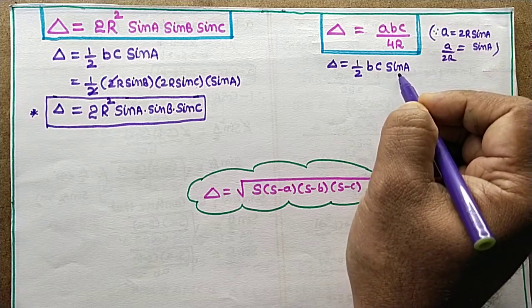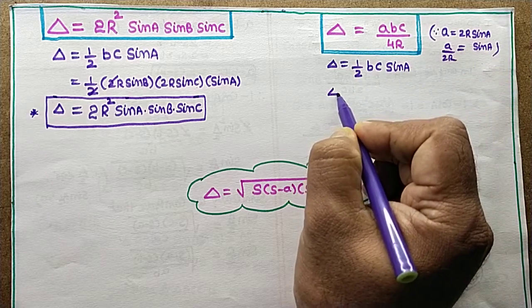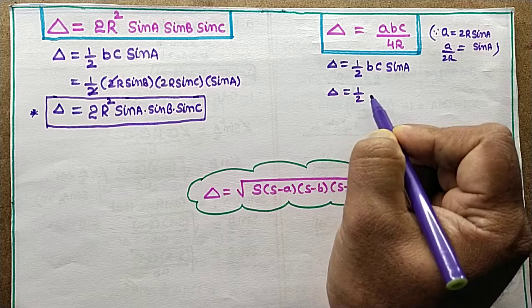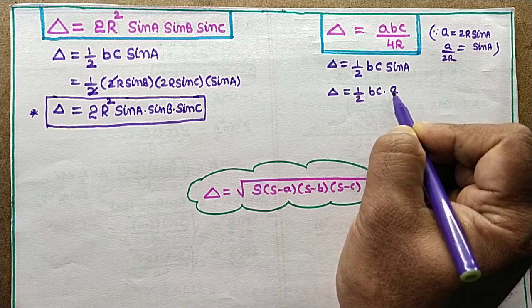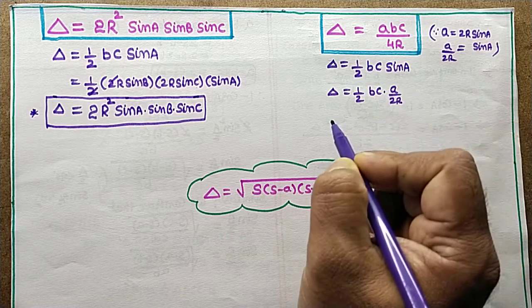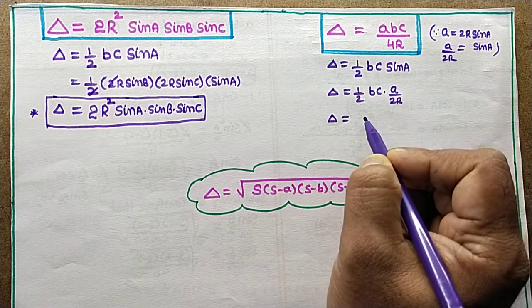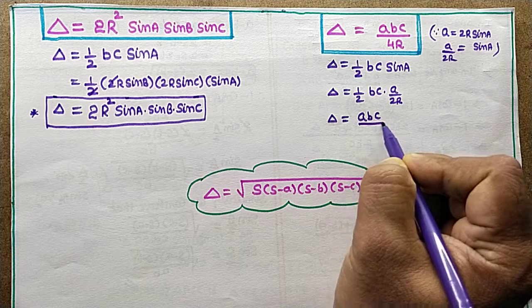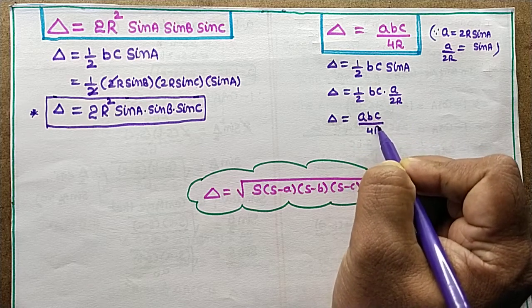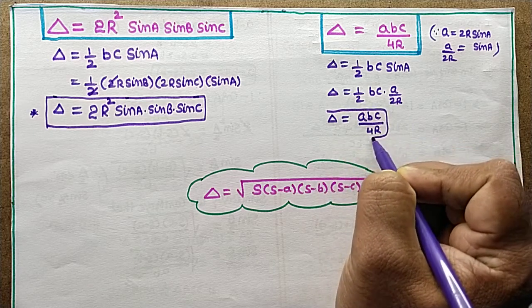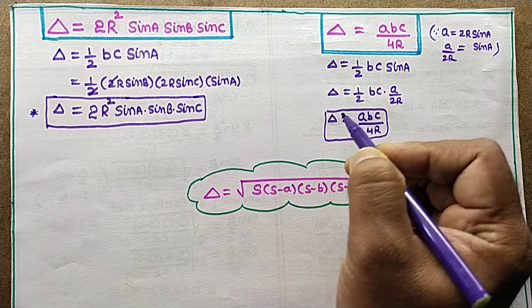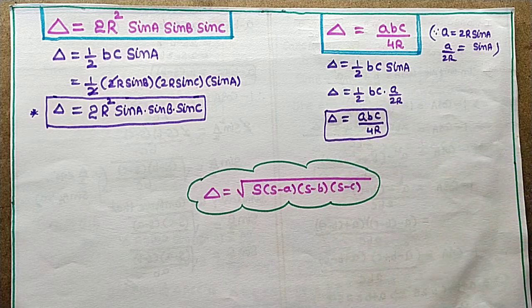So in place of sin A, substitute this value. Therefore delta equals half into bc into a by 2R, which is delta equal to abc divided by 2R into 2, that is 4R. Therefore the area of triangle in terms of small a, b, c as well as circumradius is delta equal to abc by 4R.